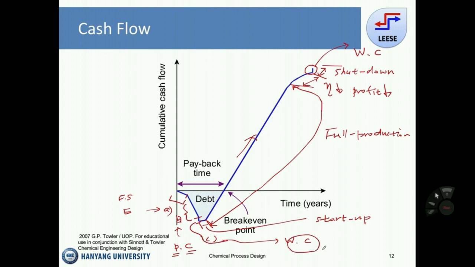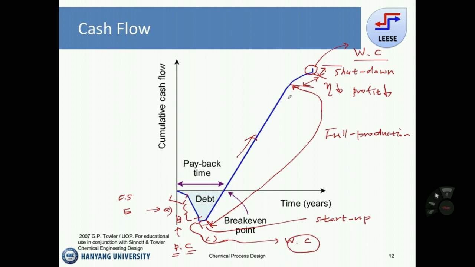We have to provide some money as working capital in the beginning, but then we can recover some of the working capital. We might recover some money by selling the plant, the site, so the land can be recovered as additional money at the end of the shutdown. So these are the elements related to the shutdown stage.